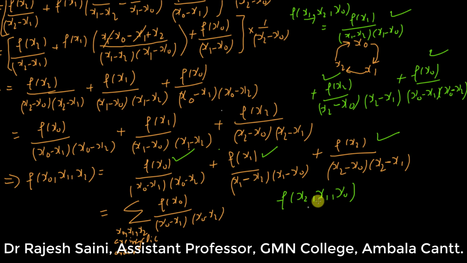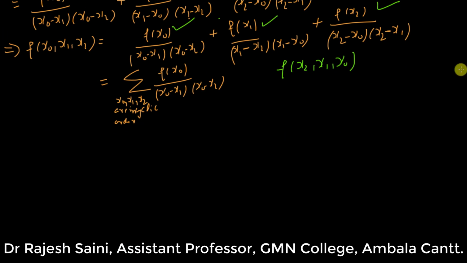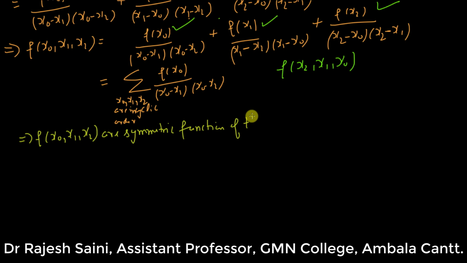So from here I could easily infer that f of x naught comma x1 x2 are symmetric function of their arguments, fine, means whatever way we write it, the result will be same.